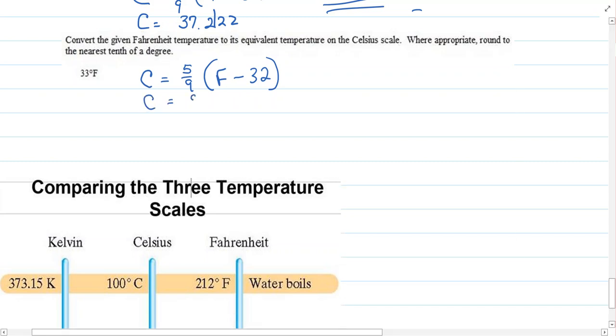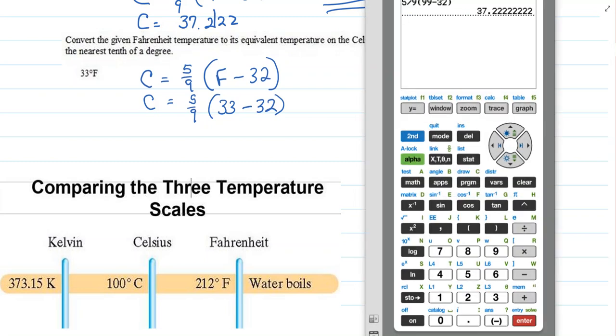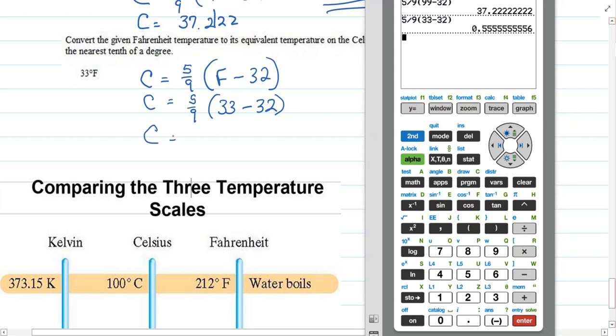Celsius equals the 5/9, and I put the 33 minus the 32. All right, then we're going to do our calculator. And we're going to have the 5 divided by the 9, open parenthesis, 33 minus the 32, which gives us a 1. So in Celsius, we're talking about 0.555 and forever.